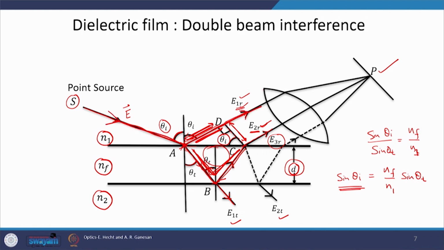This is happening at the first interface, while the transmitted rays get in, get reflected back, and then are transmitted back into the first medium. Now, if the film is kept in air, then the first reflection is happening here and the second reflection is happening here.